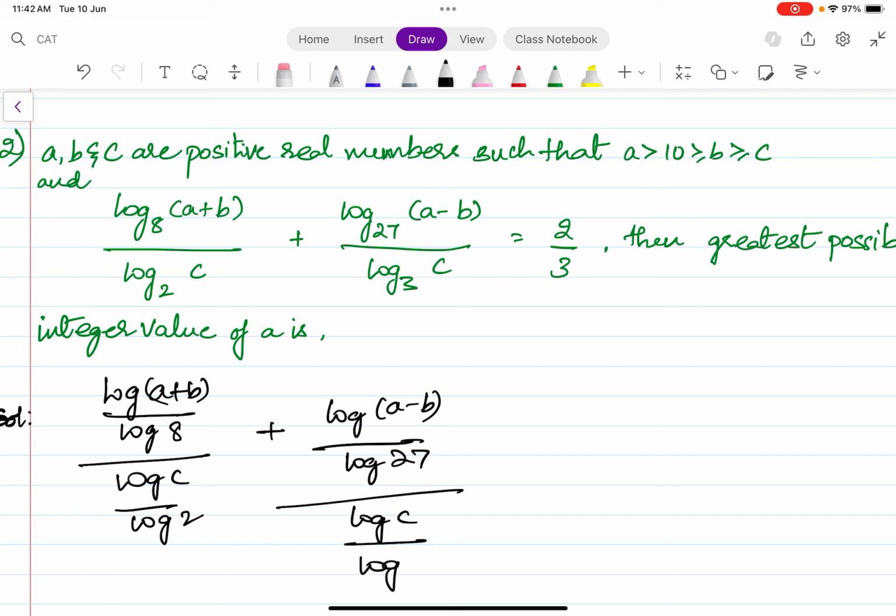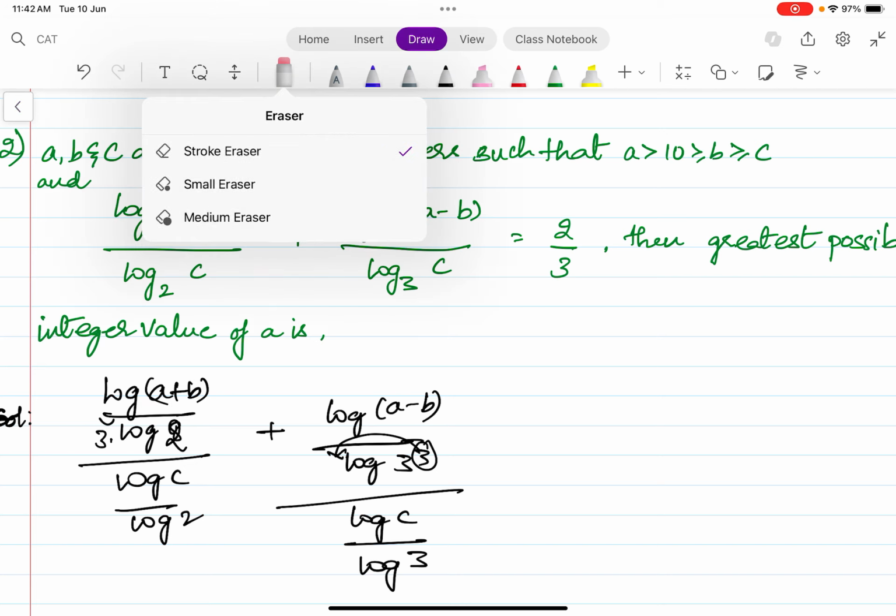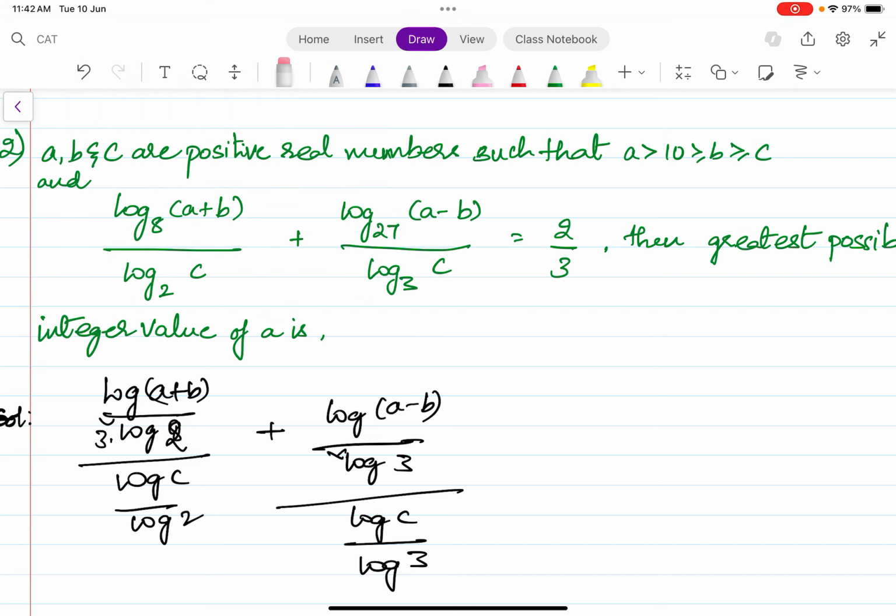divided by log 3. Now if you observe, 8 can be written as 2 cube, 27 can be written as 3 cube, and we know the power rule, so the power comes outside. So what happens? It becomes 3 into log 2. Here it becomes 3 into log 3.